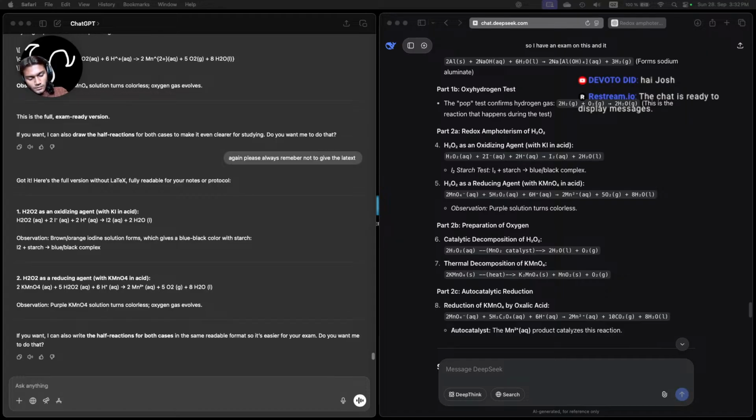Reducing agent. Peroxide acting as reducing agent. I forgot the equation.